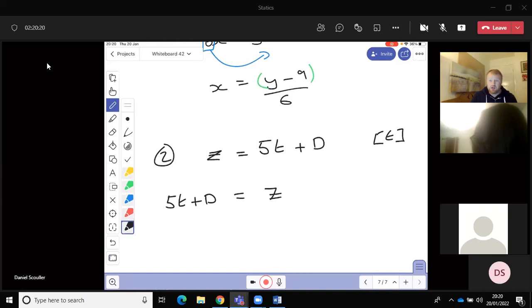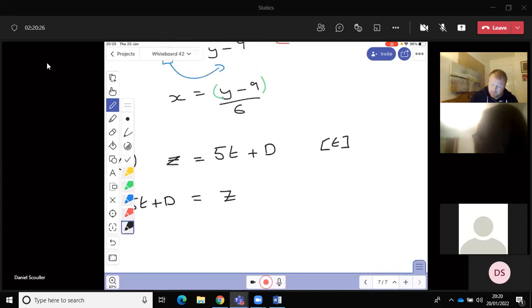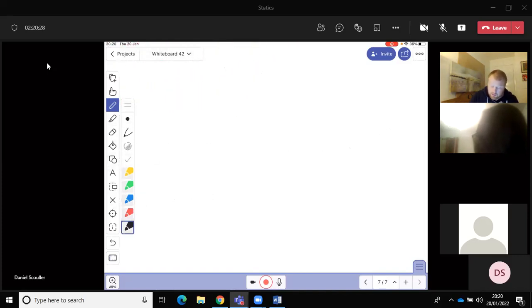Both of those expressions mean the same thing. It's just the same as writing 5 plus 1 equals 6. You can write that as 6 equals 5 plus 1. You can just flip it around. It's the exact same thing.